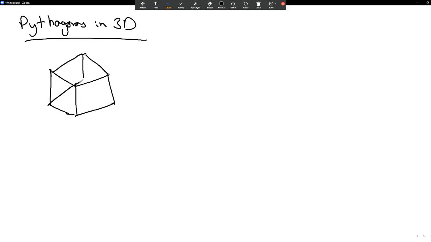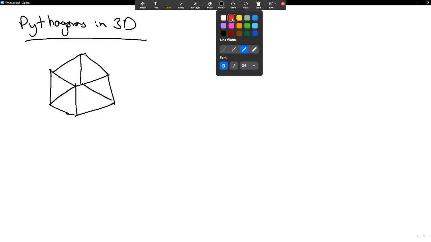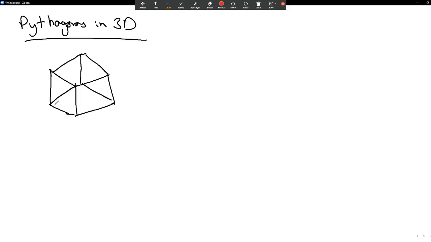If I do that. Now this is a cube, and then if we have a triangle going from this point, and this point, we have this triangle here. Right. And now you can see this is in 3D.